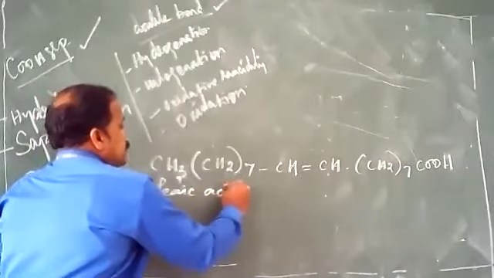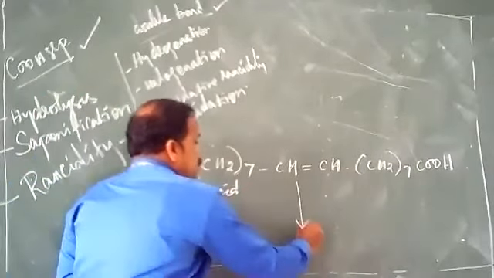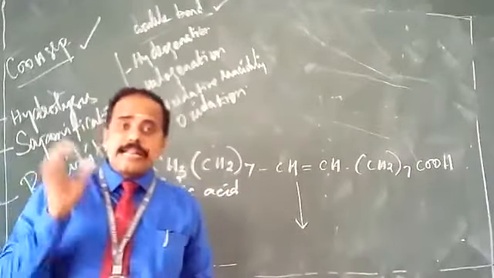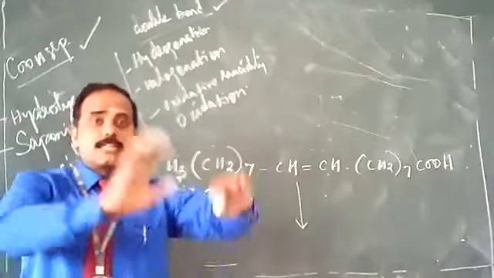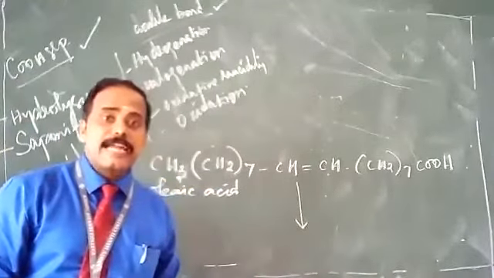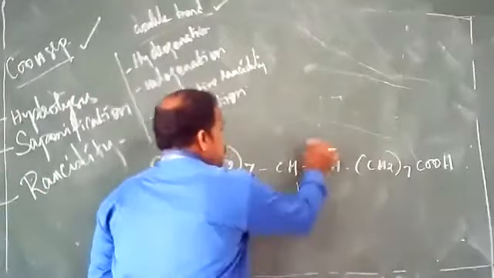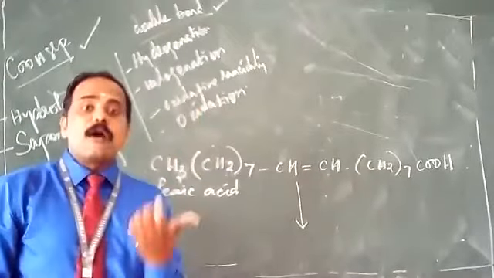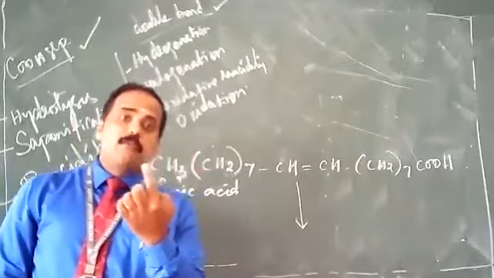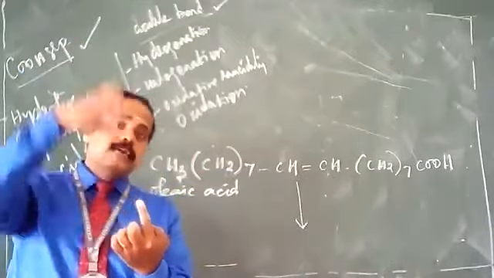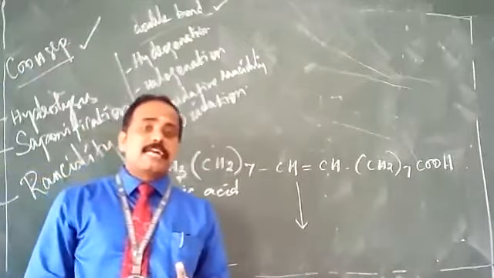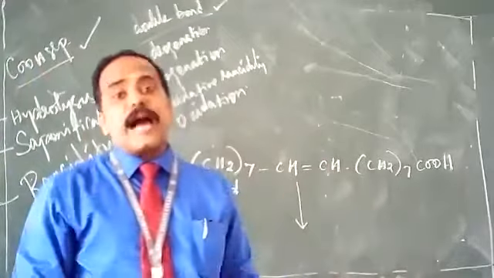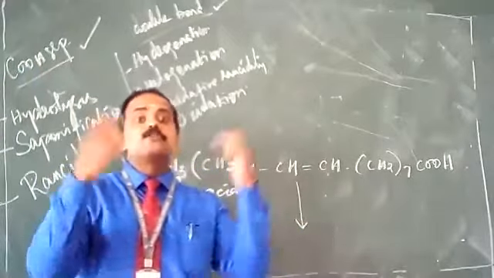So what is the reaction now? The reaction is hydrogenation, addition of hydrogen. Where is hydrogen added? Hydrogen is added at the double bond. When one double bond is present in the structure of an unsaturated fatty acid, it readily takes up two hydrogens.